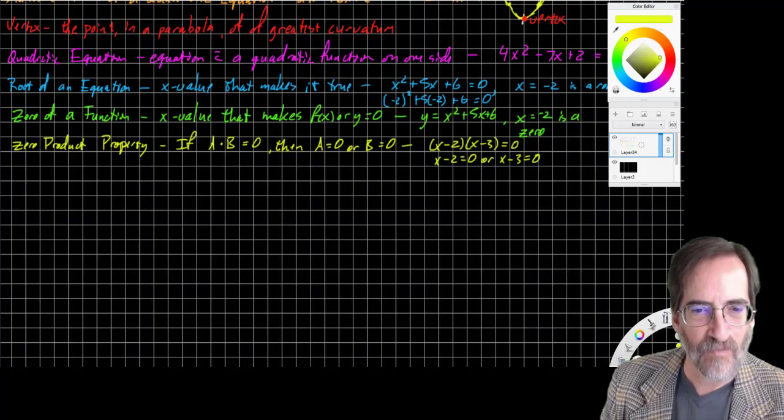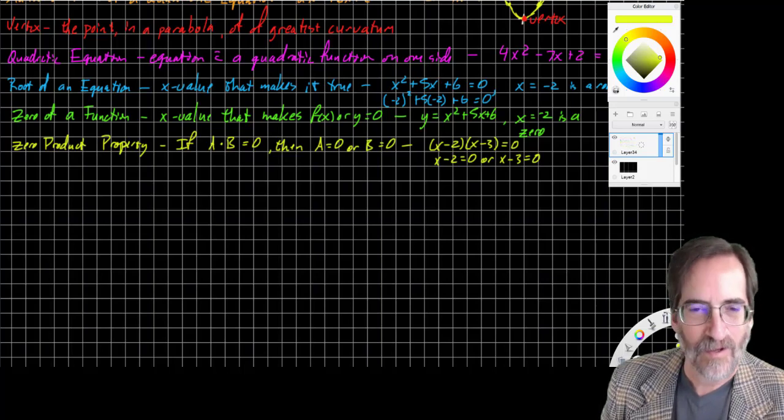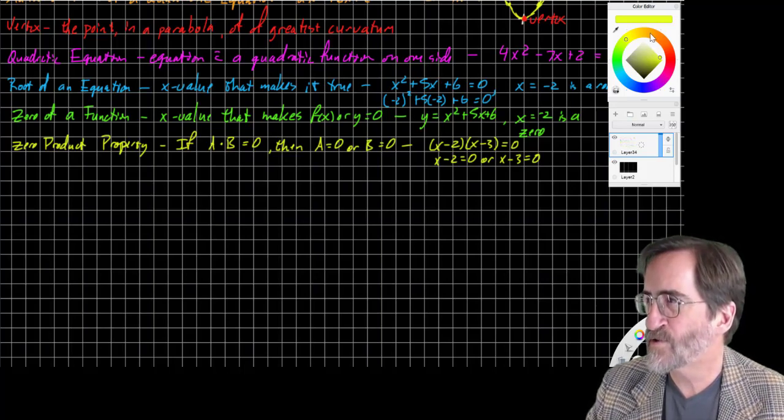Okay, that's lesson 4. Lesson 5 is a mid-unit review. Lesson 6 is completing the square. Okay, keyword, completing the square.